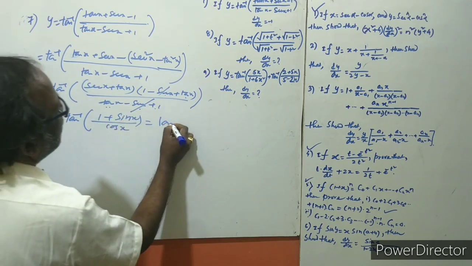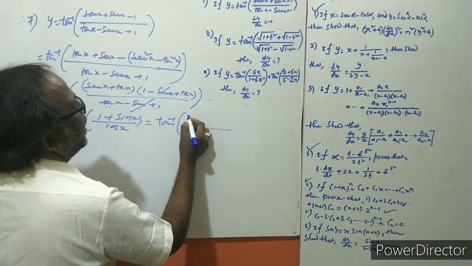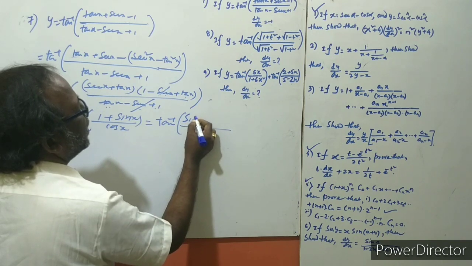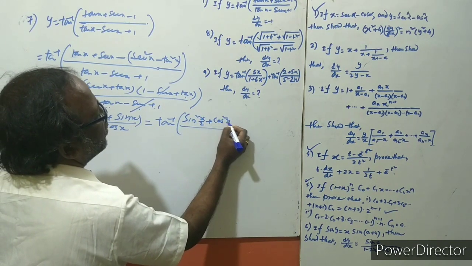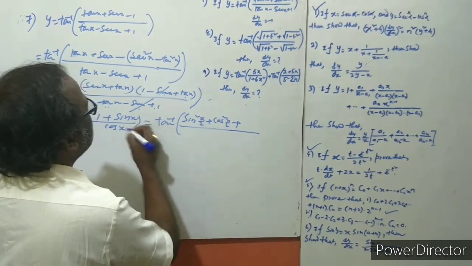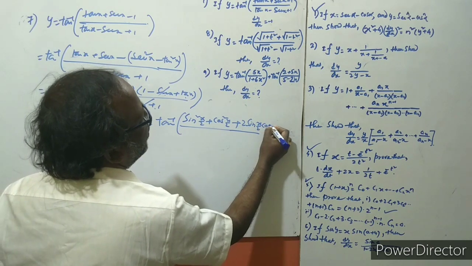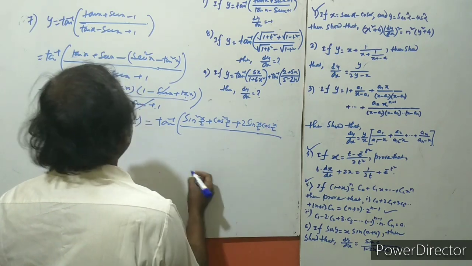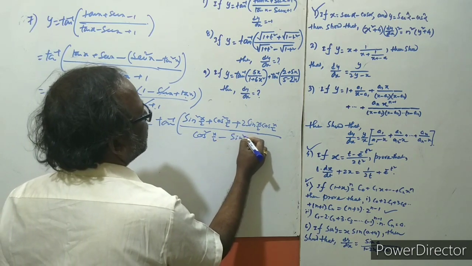Okay, see again, this is tan inverse. We can write 1 in place of 1 as sin square x by 2 plus cos square x by 2. Then after that, sin x is 2 sin x by 2 cos x by 2. Okay, now cos square x by 2 minus sin square x by 2.